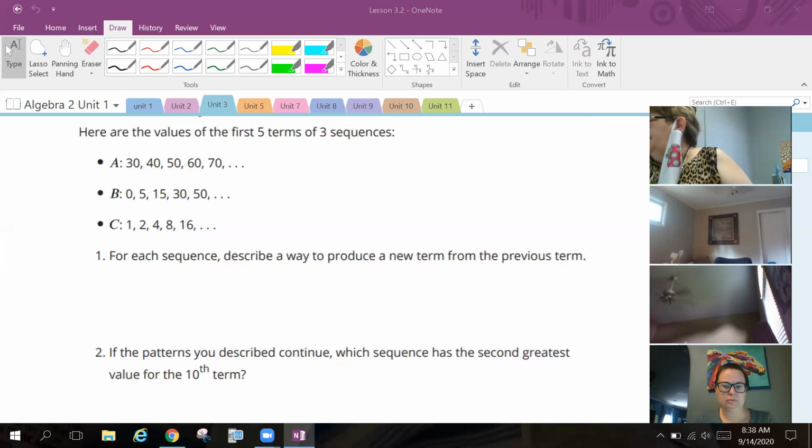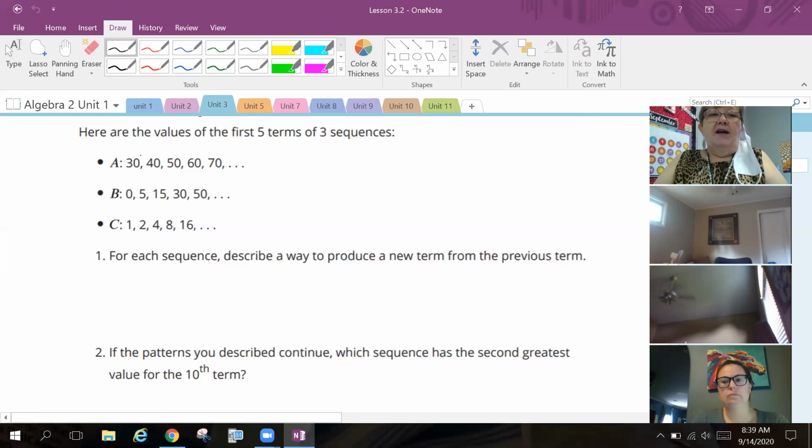Okay. So as we work through this, what happened with letter A? What's happening each time in A? It's plus 10, okay? So you could figure that out, you know, by maybe doing the difference, but you can see that it's add 10 each time.